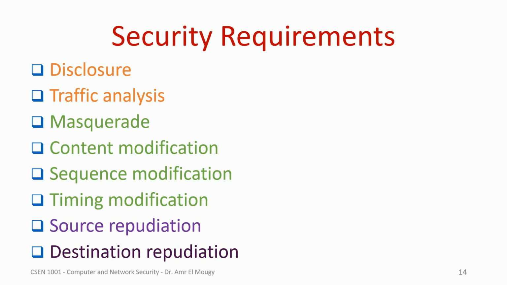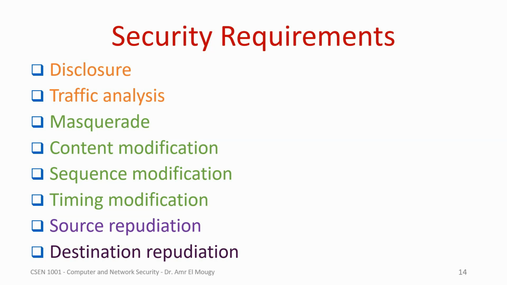The second requirement is called traffic analysis. Even if you encrypt a message, you are still vulnerable to traffic analysis because an attacker can still infer a lot of information about your communication. The attacker can learn to whom you are sending and how often you are communicating with that person, when you usually communicate with that person, and what the pattern of communicating with that person or entity is.